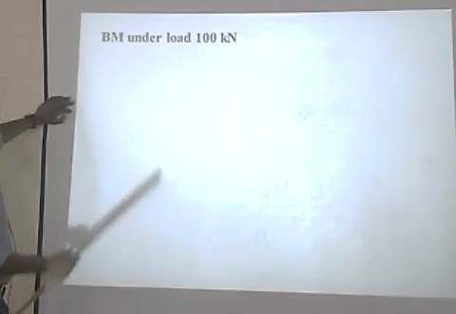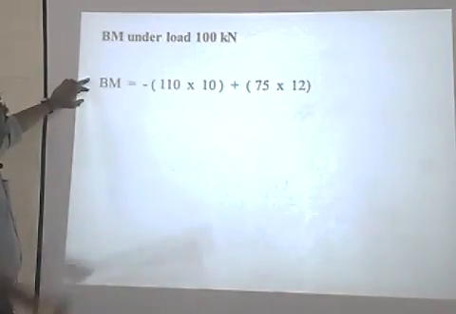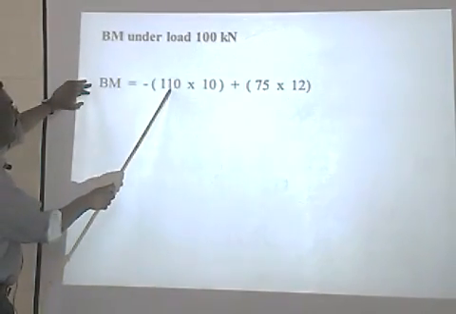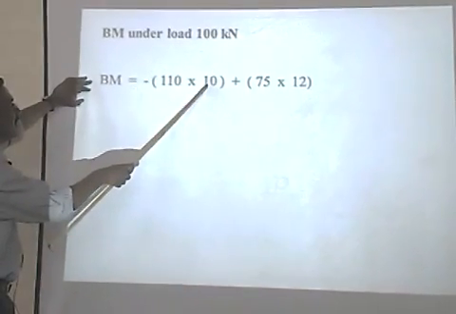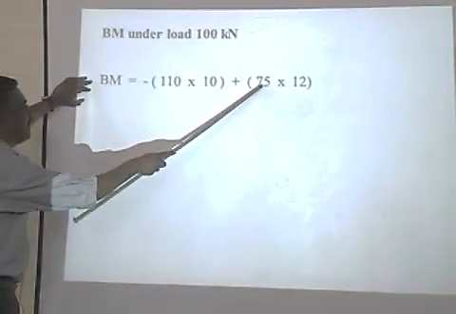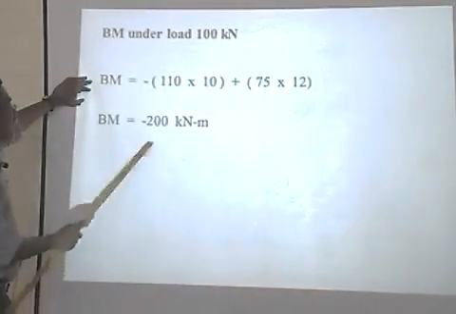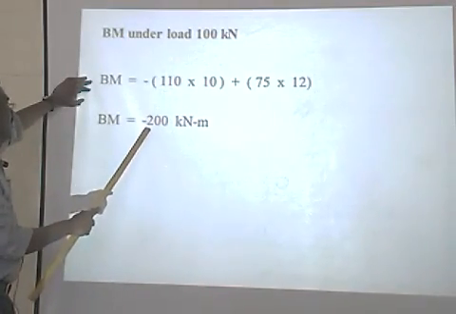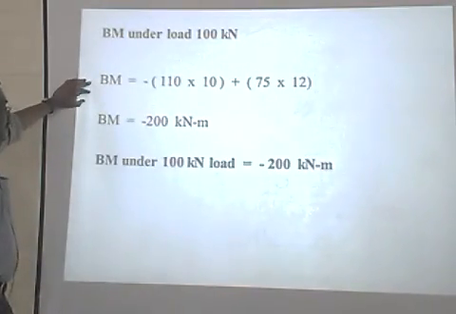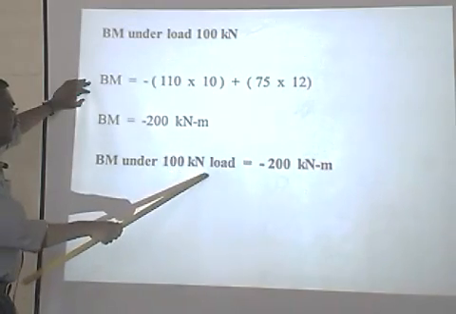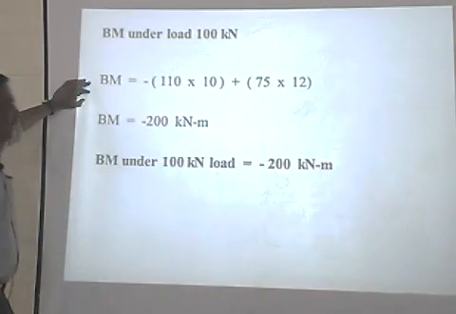Substituting it in the bending moment equation, VB into the horizontal distance and H into the vertical distance, we get the bending moment as minus 200 kilonewton meter. So the bending moment under the 100 kilonewton point is 200 kilonewton meter.